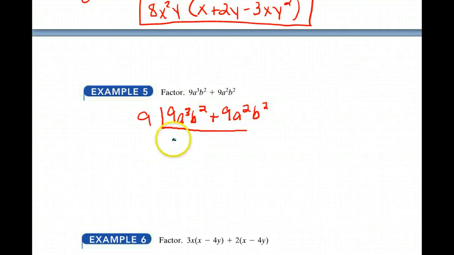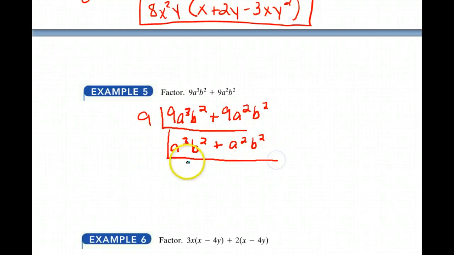Starting the division process, 9 divided by 9 is 1, so that leaves us with a cubed b squared. And dividing one more time, we're left with a squared b squared. We can now look at our a's. Our first term has 3. Our second term has 2 a's.